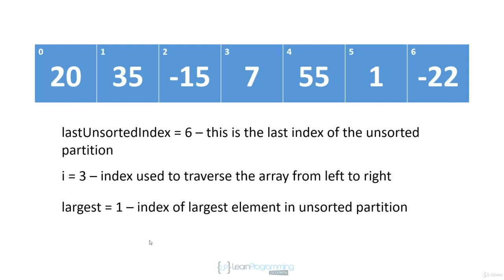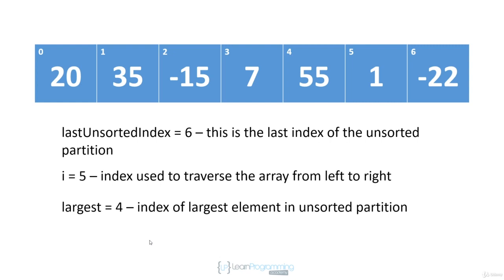We're going to compare 7 to the largest element, which is still at position 1. 7 is less than 35, so we just increment I to 4. We're now going to compare 55 to 35, and 55 is greater than 35, so at this point we're going to change largest to 4, because the largest element we found so far in the unsorted partition is at index 4, and we increment I to 5.